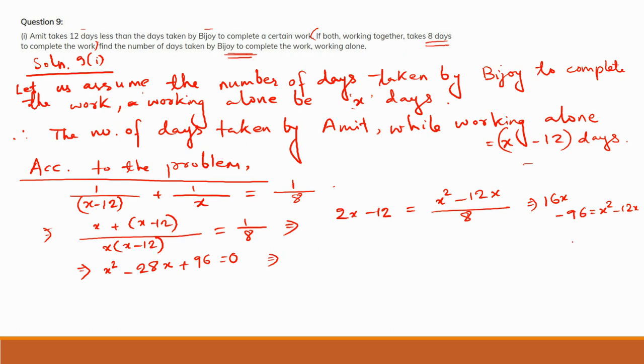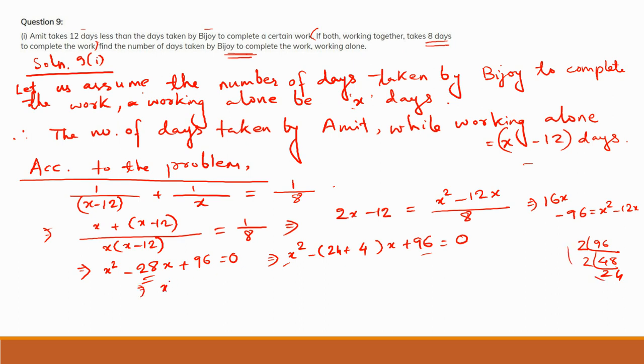From here, if you do the LCM, we need two numbers whose product is 96 and whose sum is 28. This is minus, so we put a minus here. That is like 24 plus 4, right? 24 plus 4 gives us 28.